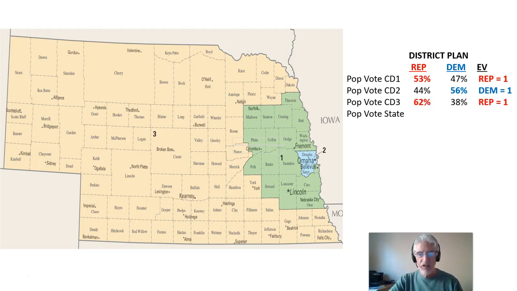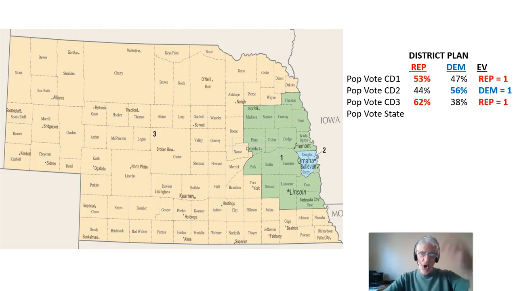Then in Congressional District 3, this large agricultural area, the rural agricultural areas tend to vote Republican. The Republican wins 62% to 38%, and so the Republican candidate would get 1 more electoral vote.